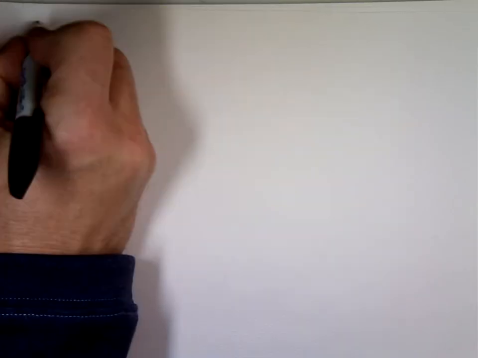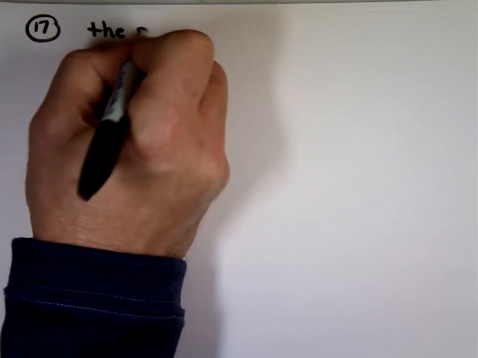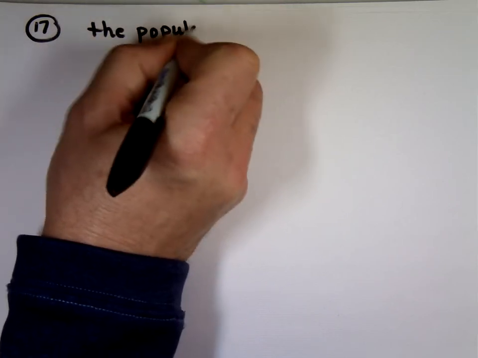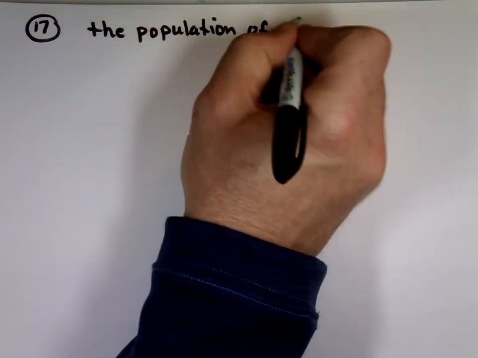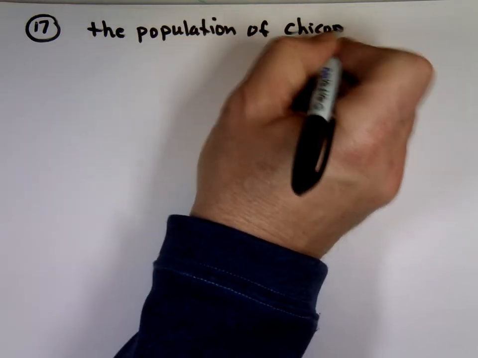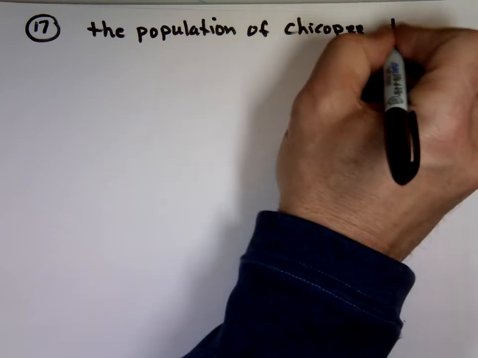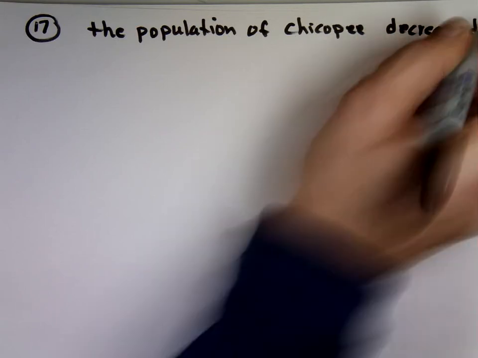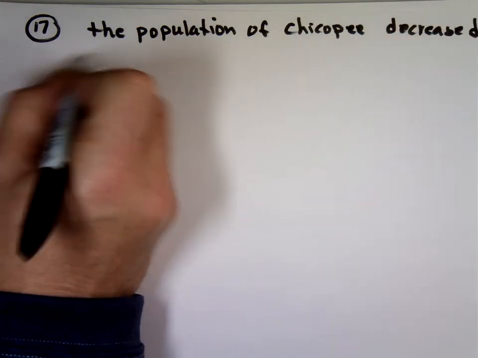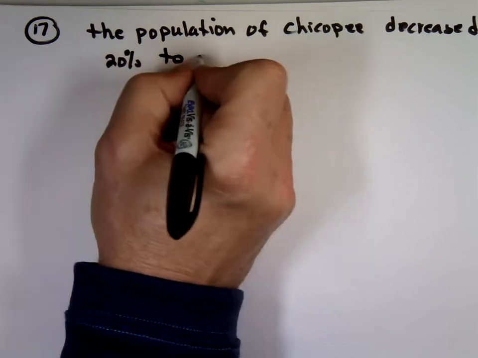Number 17. The population of Chicopee, Mass, decreased 20% to 48,000.